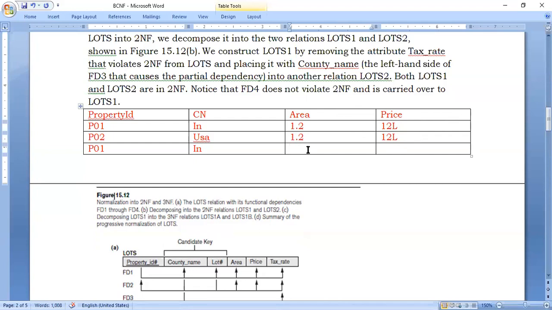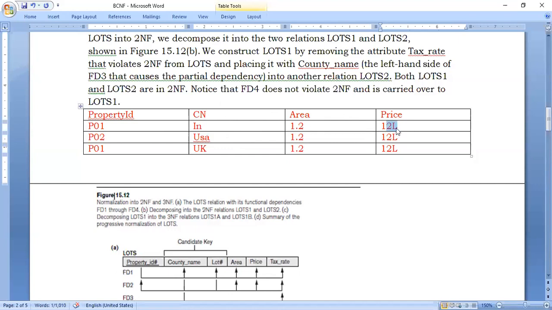Whether we take it in India or any other country, suppose the country is UK, and we take the same area, the price is going to be the same. So here the price depends on the area. It doesn't depend on the country.